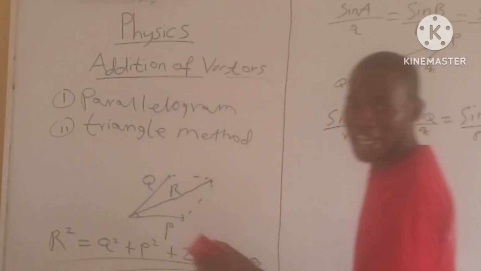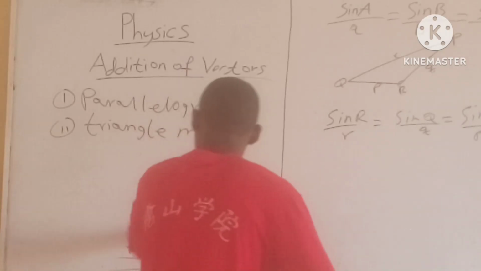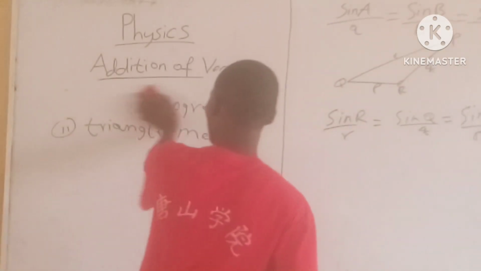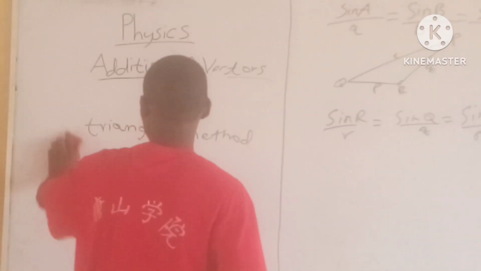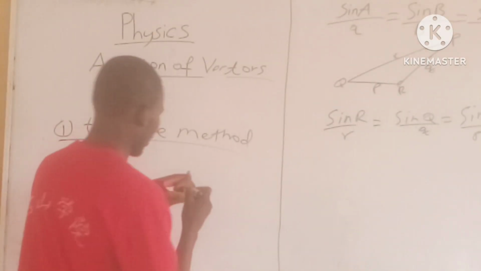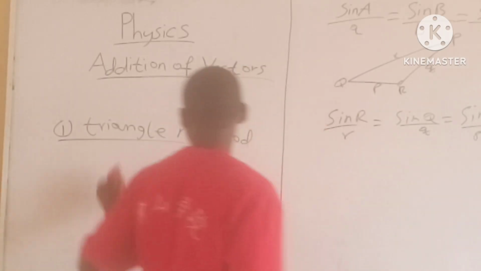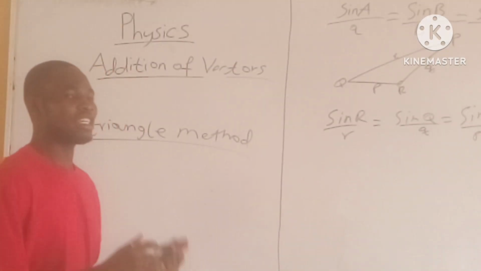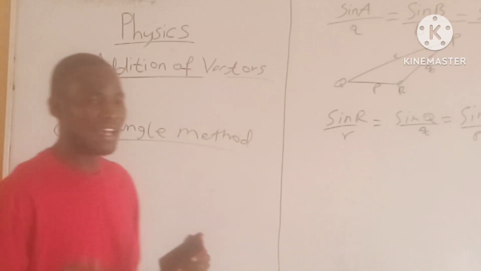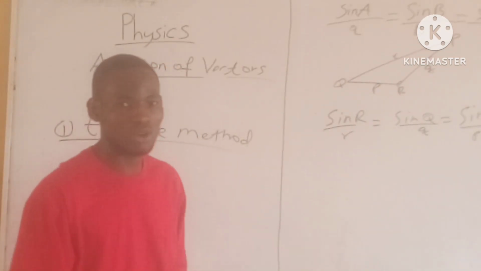Now let's talk about the triangle method. The triangle method is a way of representing the vectors in the form of a triangle. What does that mean?